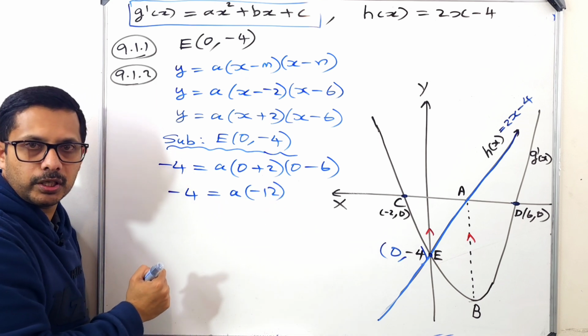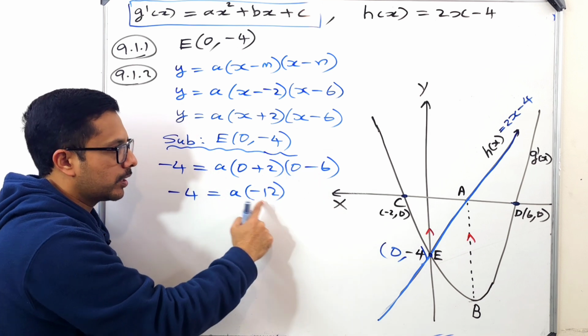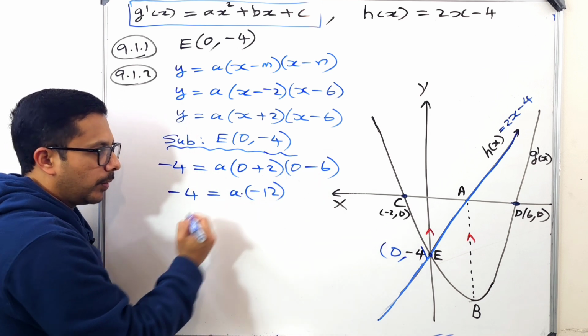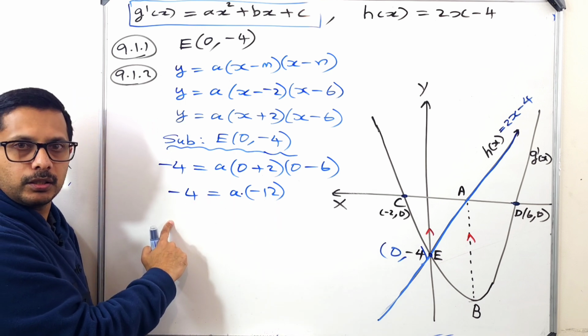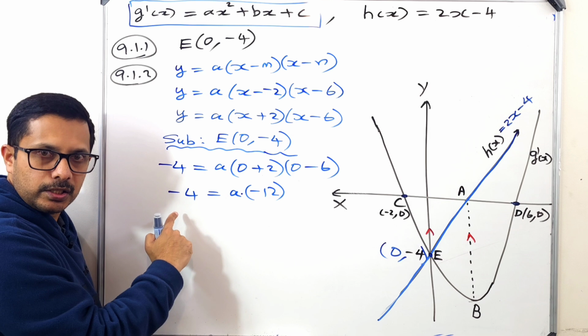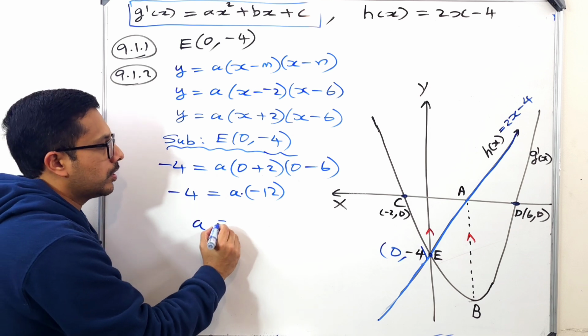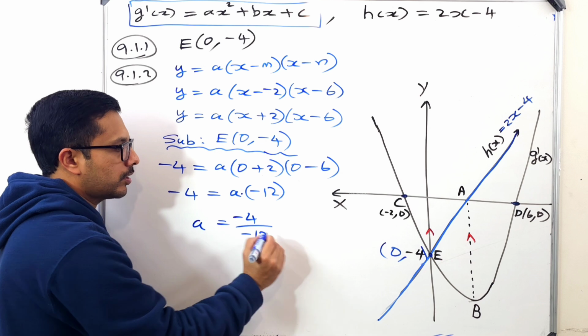Do you understand how you get minus 12? 2 times minus 6 is minus 12. Is it not multiplication? So minus 12 on this side is multiplication, so on the other side it is division. So a is equal to minus 4 divided by minus 12.